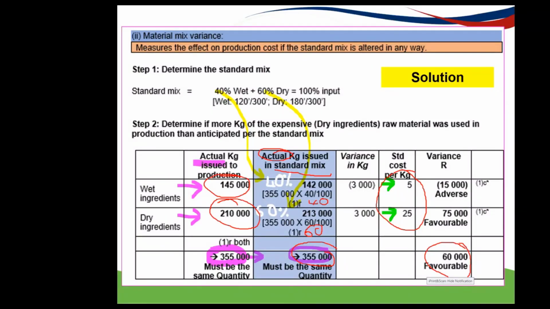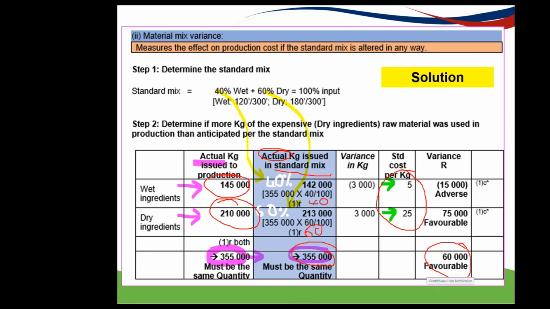So my question is, to determine whether this is adverse or favorable, is it important whether the ingredient we are looking at was the expensive one or the cheap one, or is it about the usage of the ingredients, which is more important? I understand.